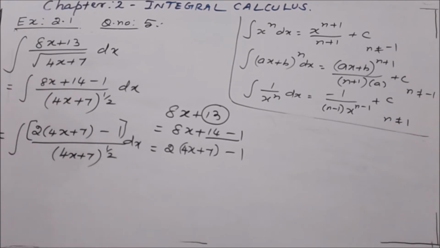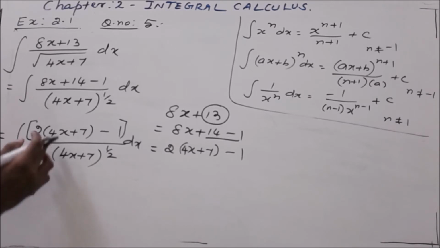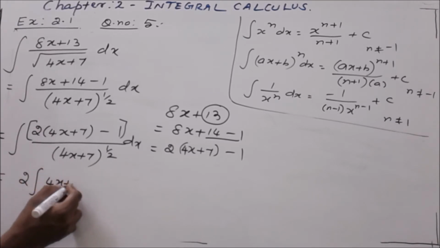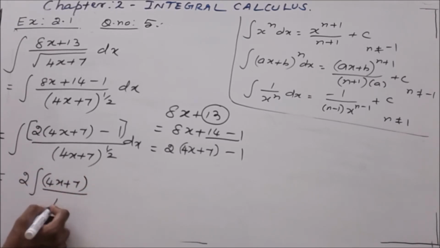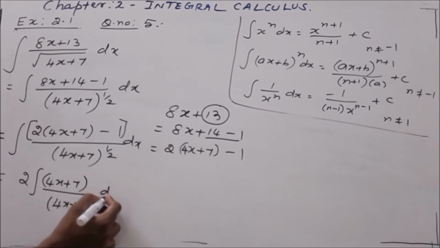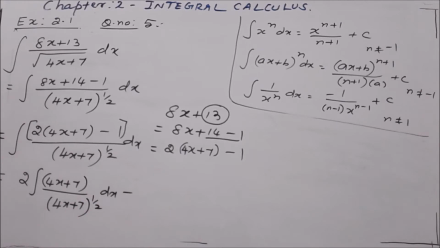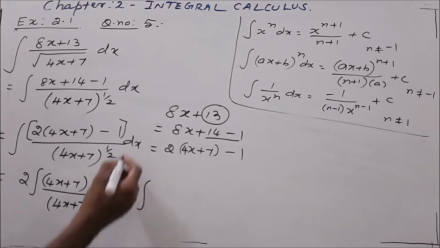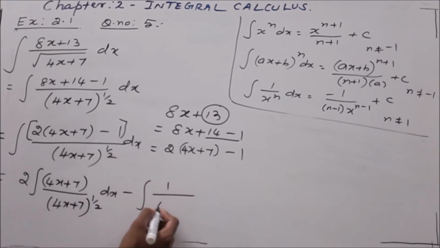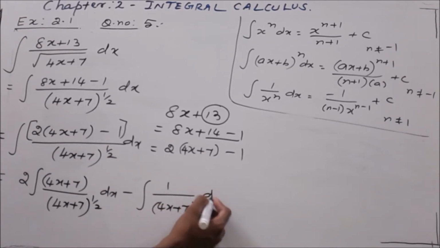Now separating the denominator to each function, we have 2 into integral 4x plus 7 by 4x plus 7 whole power half dx, minus integral 1 by 4x plus 7 whole power 1 by 2 dx.